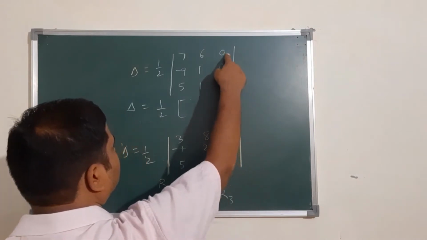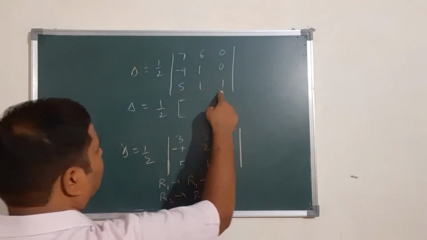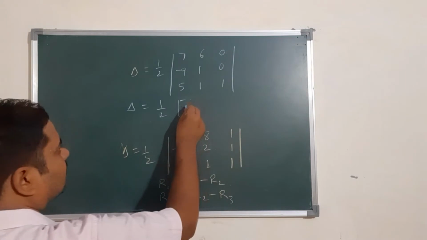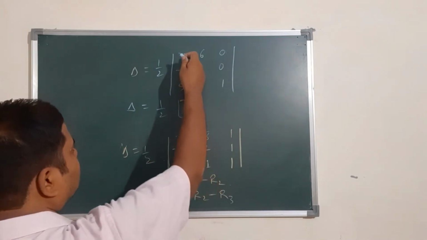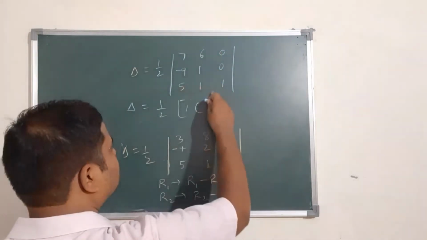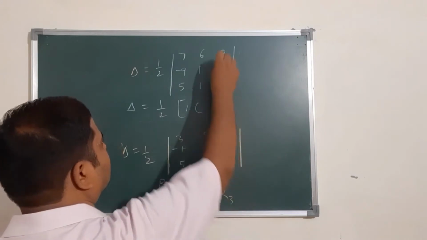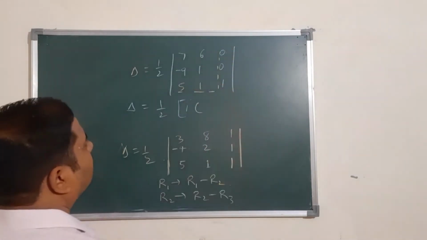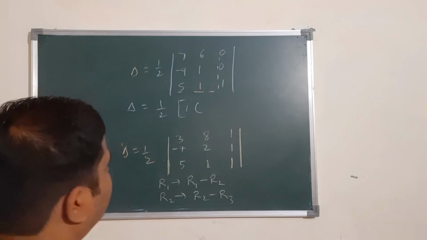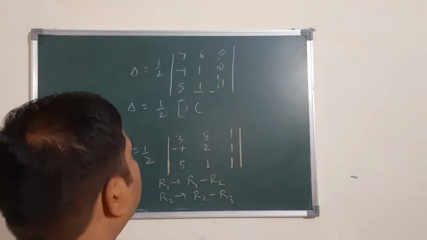Leaving this row and this column, we will get the answer. So 1 into, leaving this row and this column, because we expand from this particular element.